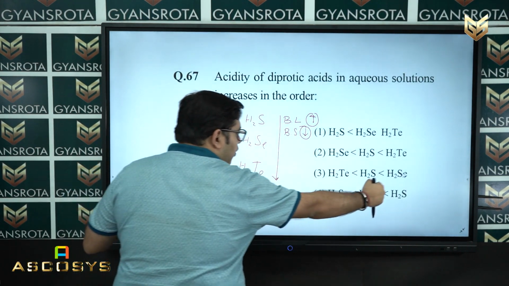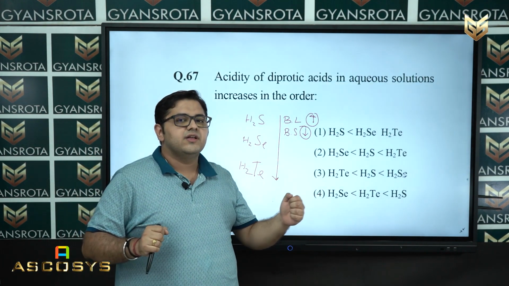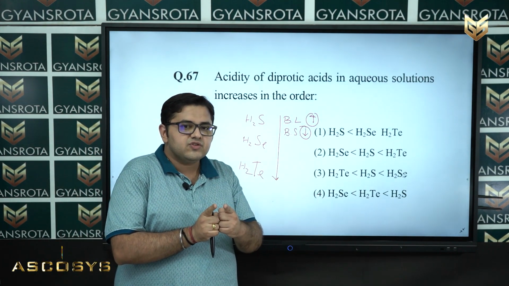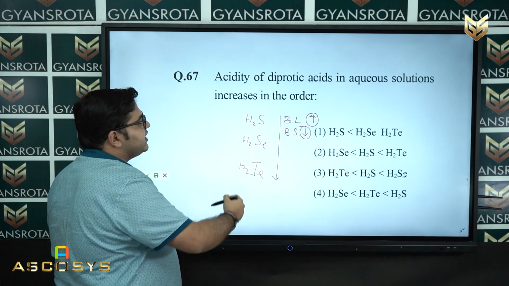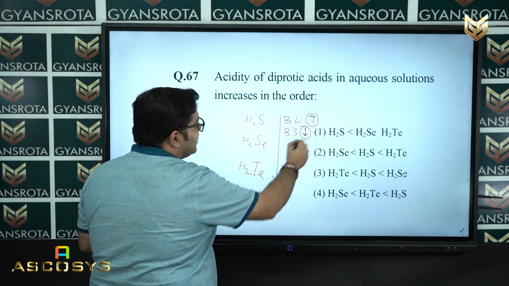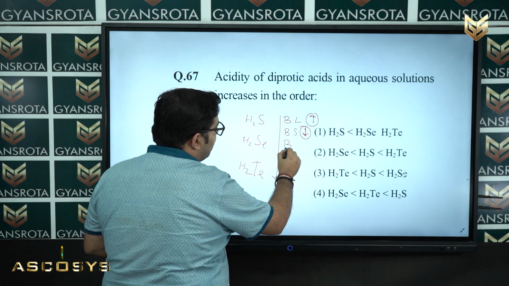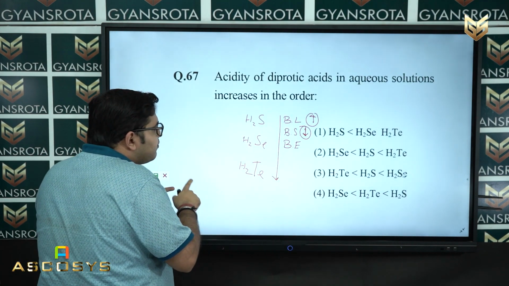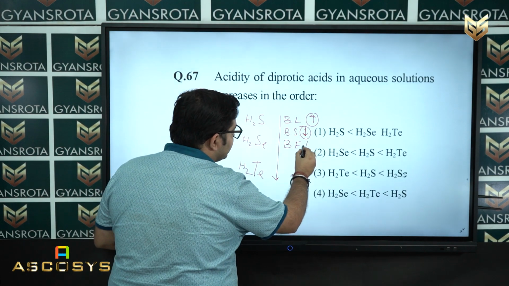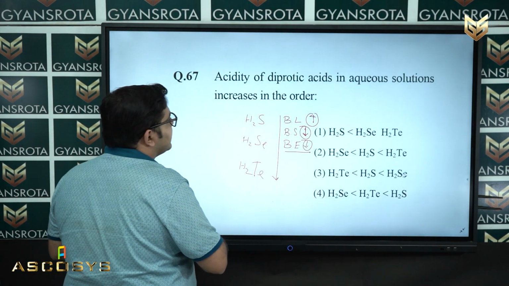If you are taking a long string, it will be very easy to break, but if you are taking a small string, it is very tough. That is the thing: if bond length increases, your bond strength decreases. Then the bond energy, that is the energy required to break this bond, also decreases. Now, up to here maybe everyone is clear.